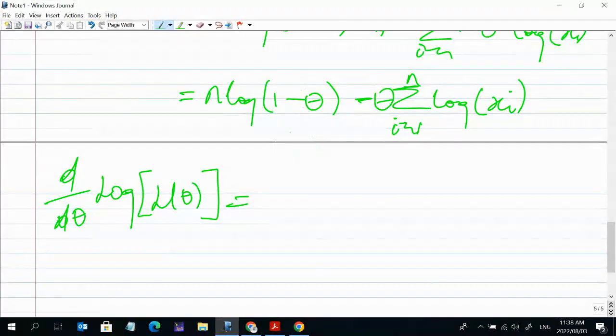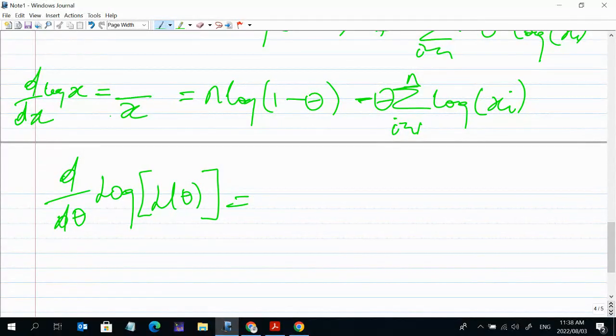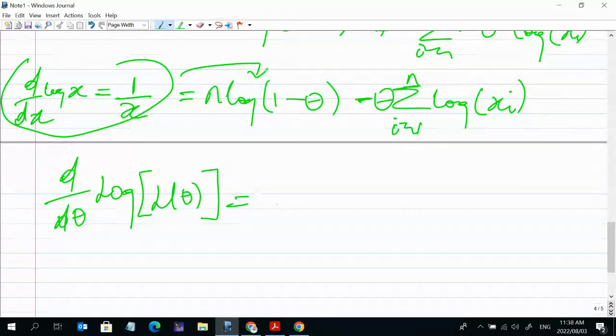You know, when we differentiate the log of x with respect to x, this is one over x, and then you differentiate the denominator, and in this case that is going to be 1. So we are going to apply this here when we differentiate.